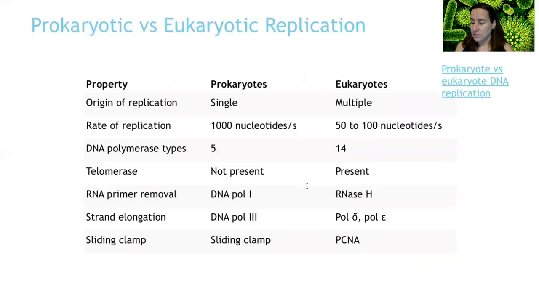Looking at the table that compares the two, again, we've got one origin in prokaryotes. Eukaryotes have lots. Maybe 100 nucleotides per second for eukaryotes, 10 times that for prokaryotes, 10,000. I'm not going to ask you about all the different DNA polymerases. Okay, those are my big takeaways.